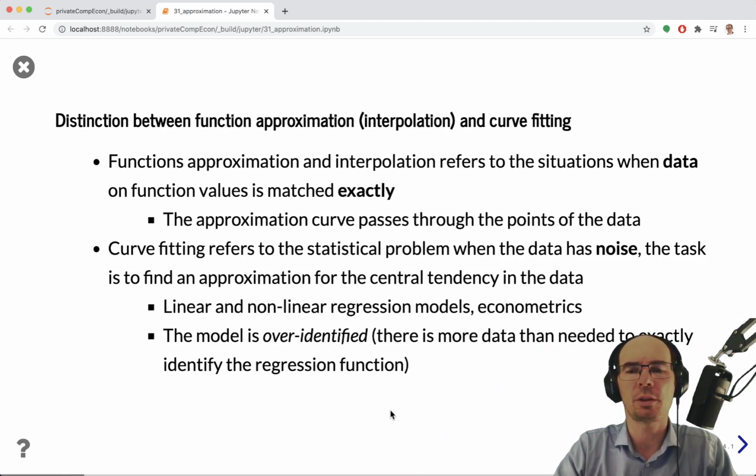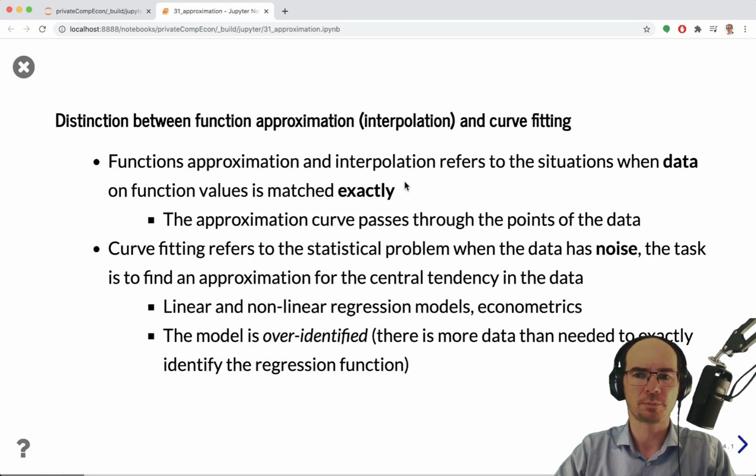Now, there are some terms around these tasks which are used sometimes interchangeably, but let's try to separate them. So we will be talking about function approximation, and that would be equivalent to interpolation.